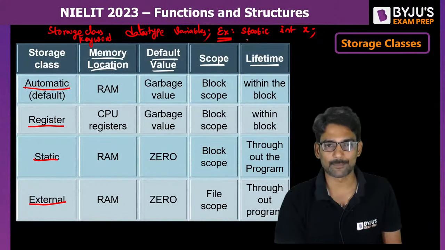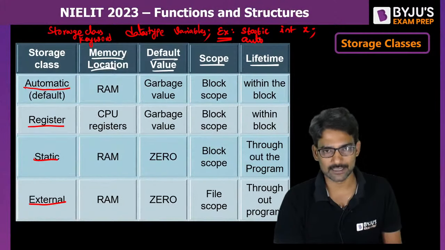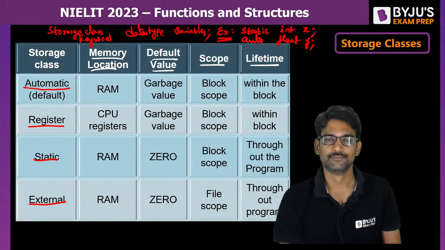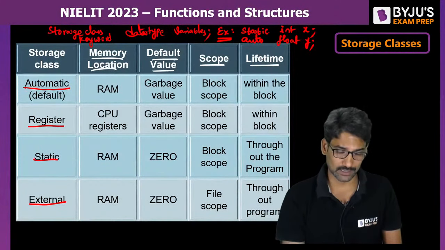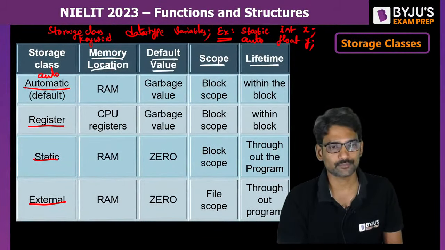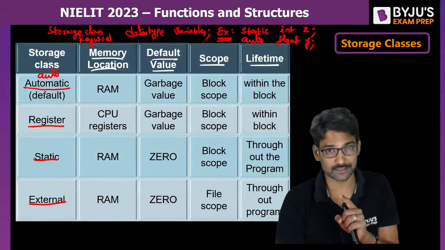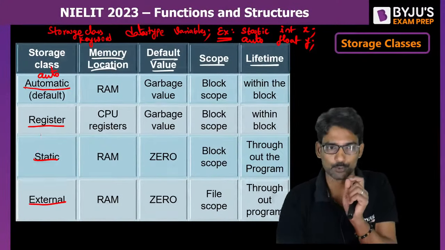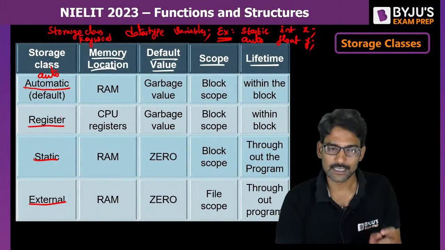If I want to apply auto storage class, I say auto float y. So what are the keywords for automatic storage class? Auto. Keyword must be in small letters. So auto. And for register, register only, but in small letters.